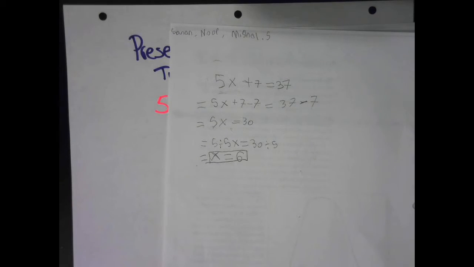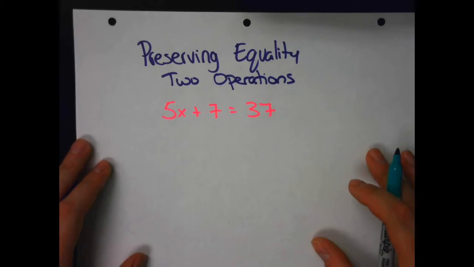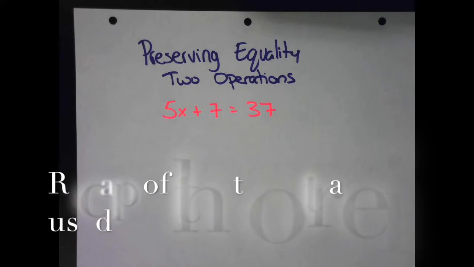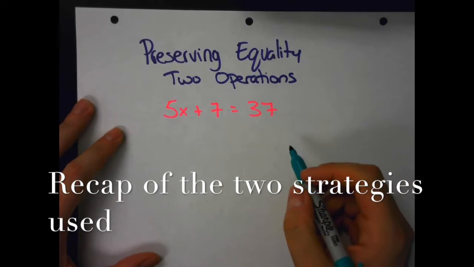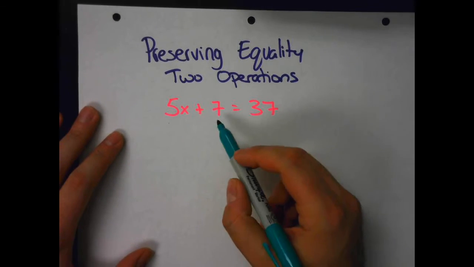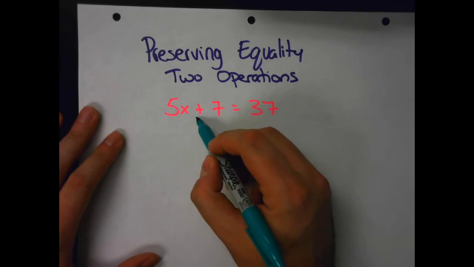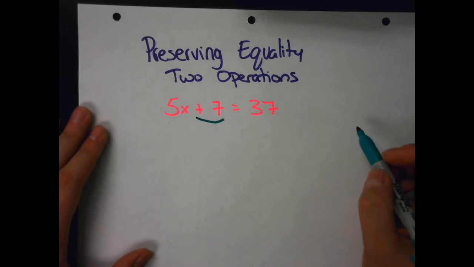Okay, perfect. So to do two operations at the same time is not a good idea. It'll get confusing. Just a quick recap to highlight some of your strategies. I'll do it step by step because you didn't see it step by step. 5x plus 7 equals 37. We know we have to get rid of the plus 7.